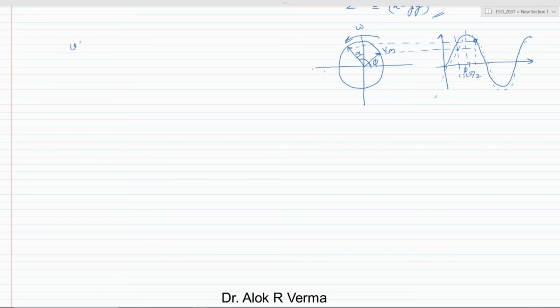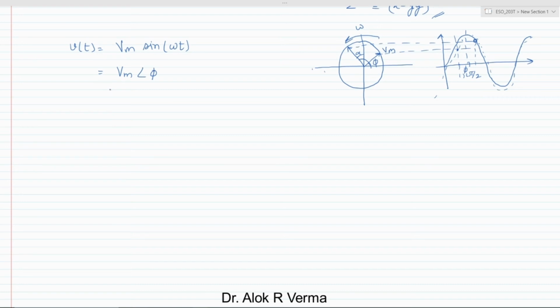Suppose we have a sinusoid v(t) as Vm sin omega t, then we can write it as Vm angle phi. These are the quantities.